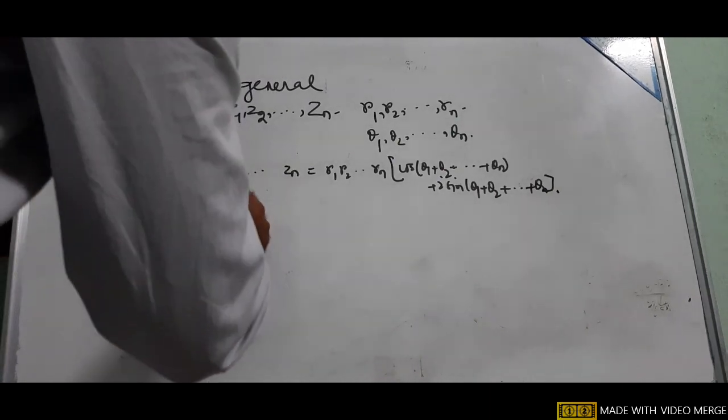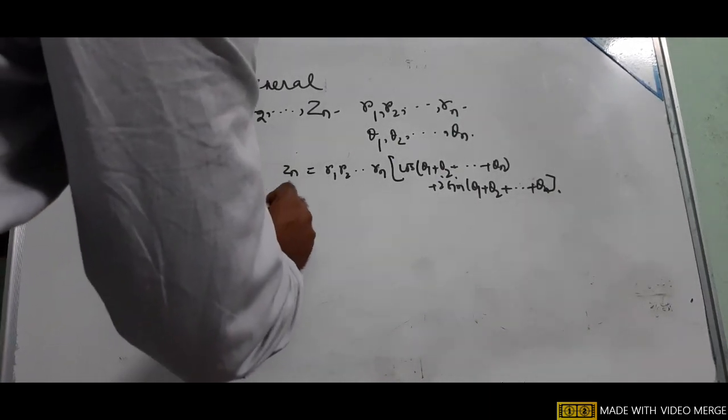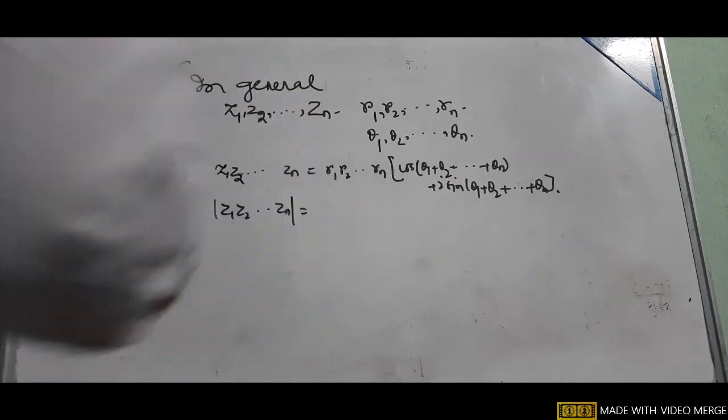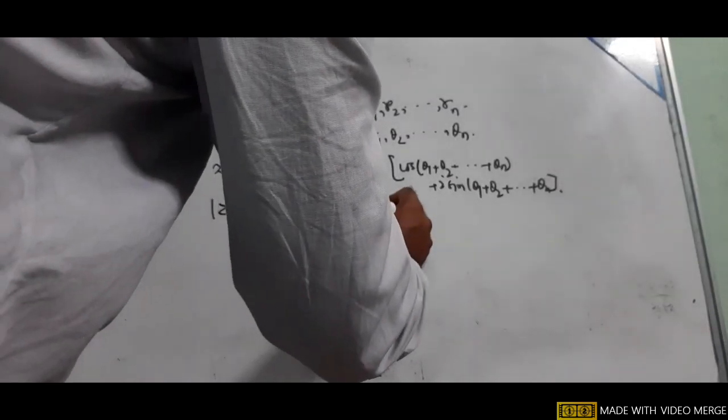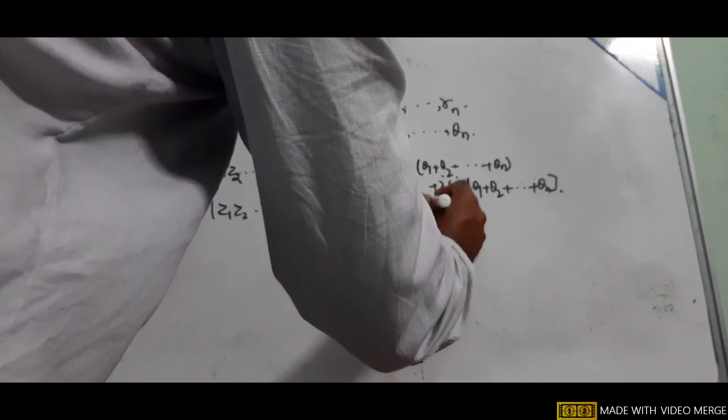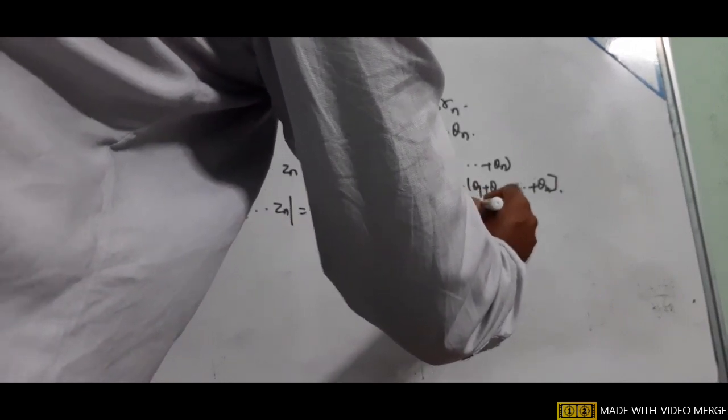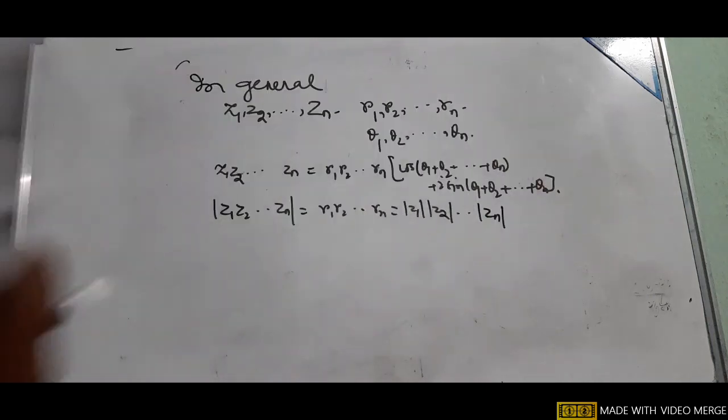And if you take the modulus of z1, z2 up to zn, it will be r1, r2 up to rn, or modulus of z1, modulus of z2 up to modulus of zn.